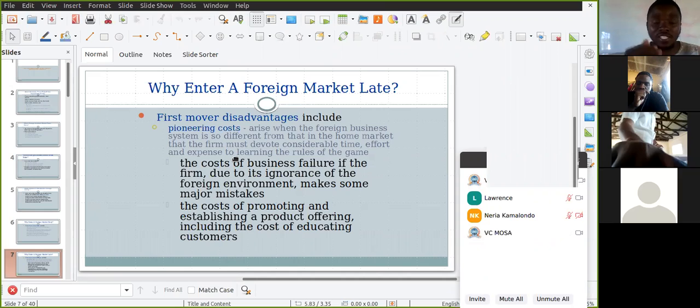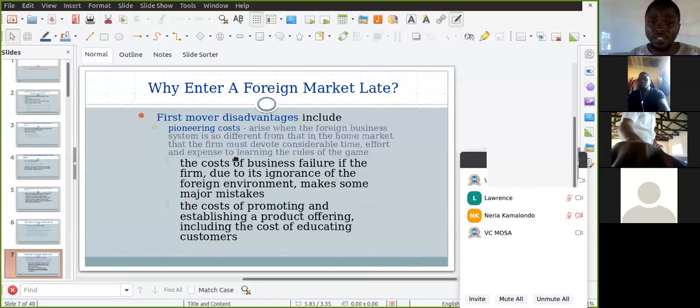What you might plan today might not be the case of what might happen tomorrow. The 5 kwacha today that you can spend on labor cannot be the same 5 kwacha that you're going to spend on labor in another country. So those are some costs that you're going to experience.